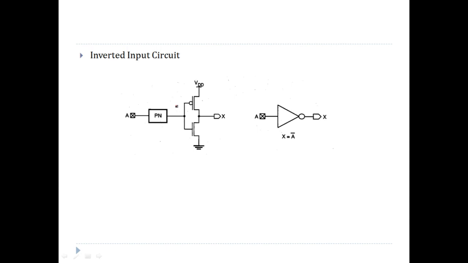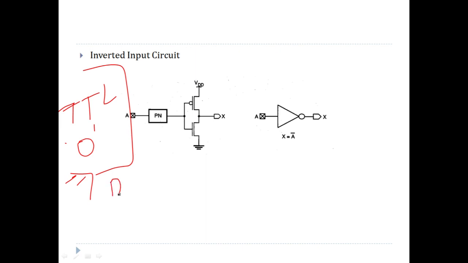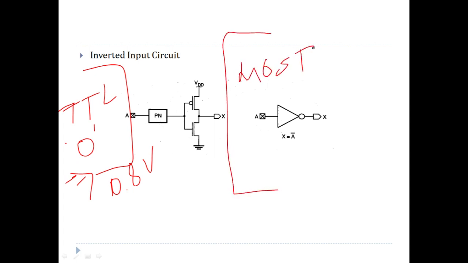But if you look at the working of this, we are trying to work on the limitation of the earlier circuit, the transmission gate input circuit. Suppose you have connected a TTL circuit, okay? Let's say it's trying to apply logic 0, and its logic 0 voltage is, let's say, 0.8 volt, right? And here there is a MOSFET logic, so you have implemented some logic using NMOS and PMOS, CMOS.